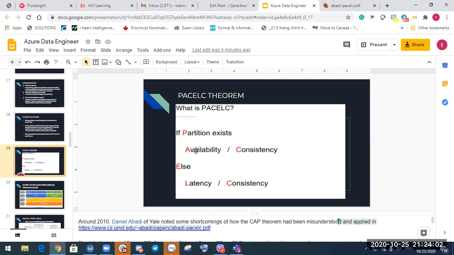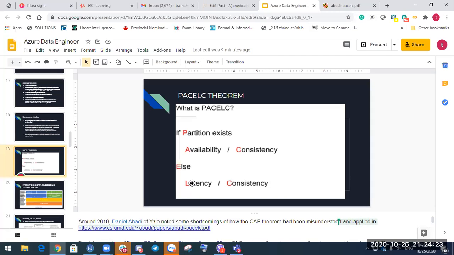For example, CosmosDB is PA and EL. That means when a partition exists, CosmosDB will prioritize availability. Else, when a partition does not exist, it will prioritize latency.